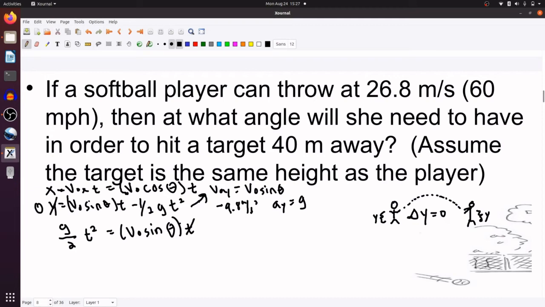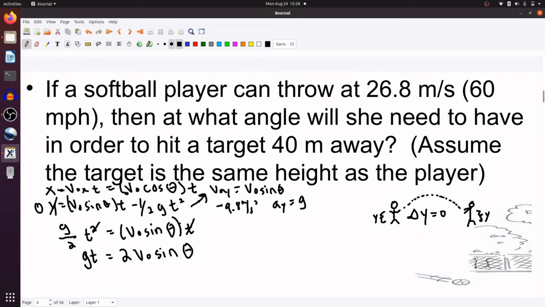The t's are going to cancel. Yes, we got that done. So that's going to give me g t equals 2 v naught sine of theta.